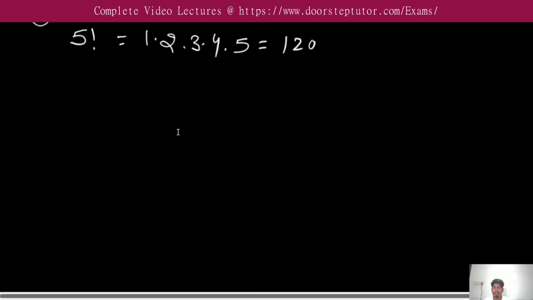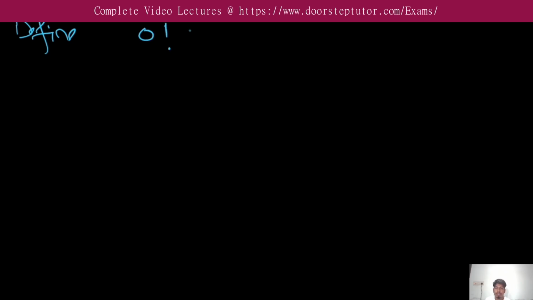Now we study many calculations and formulas. One more important thing: by definition, the value of 0 factorial and 1 factorial is 1.